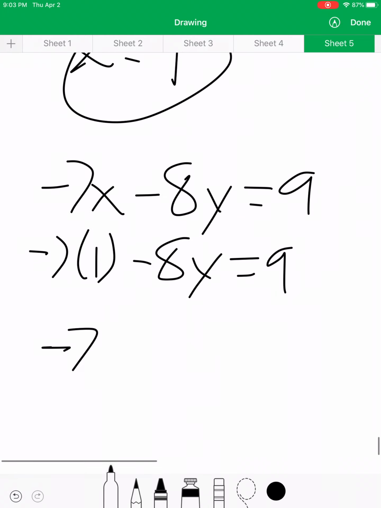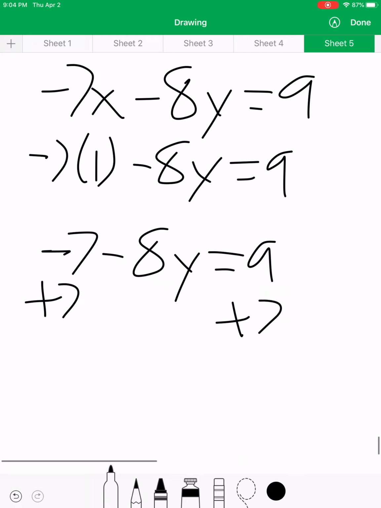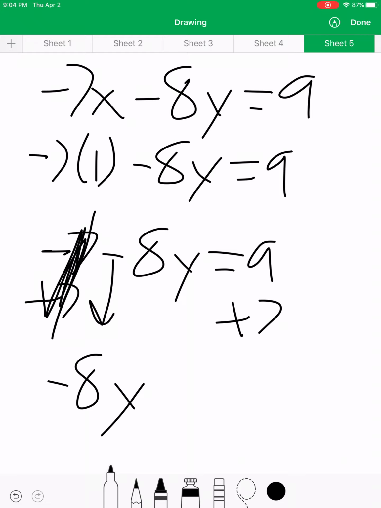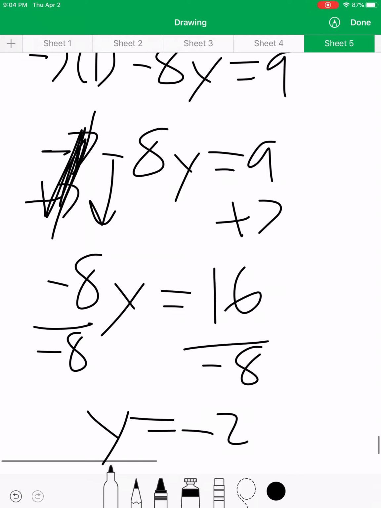So negative 7 minus 8y equals 9. Plus 7 now, plus 7. Negative 8y, you take the sign that's in front, bring that sign straight down, equals 16. Divide by negative 8, divide by negative 8, y equals negative 2.